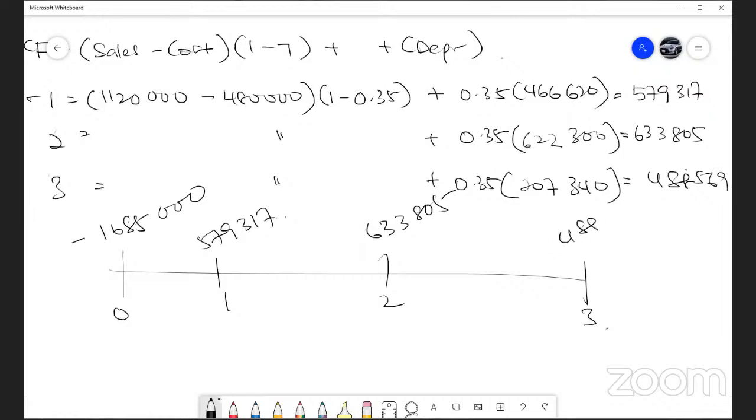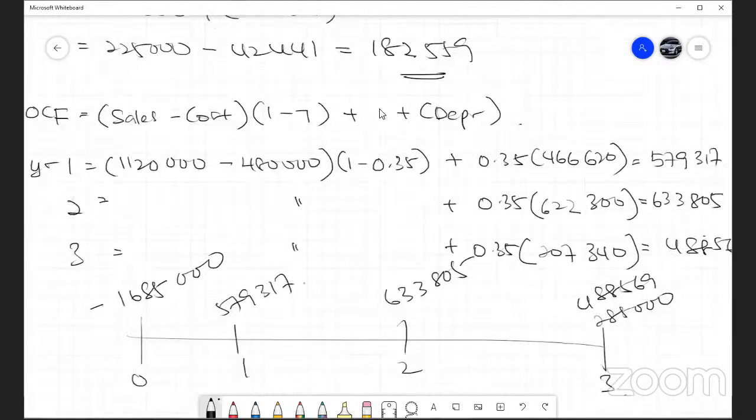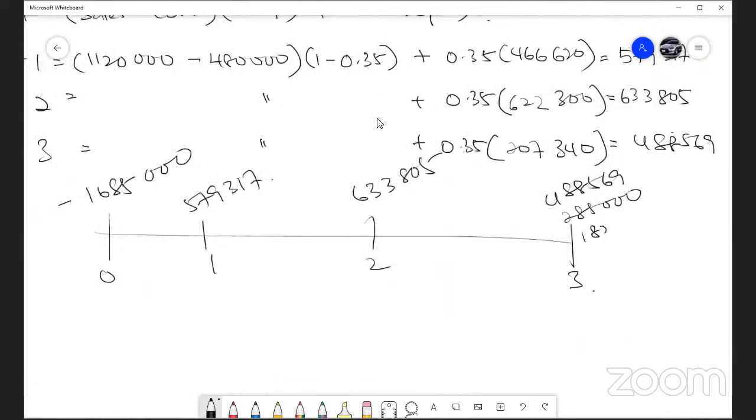So 488,569 plus back your net working capital of $285,000, plus your salvage value that you count just now, 182,559. This total will give you 956,128. This is your incremental cash flow.